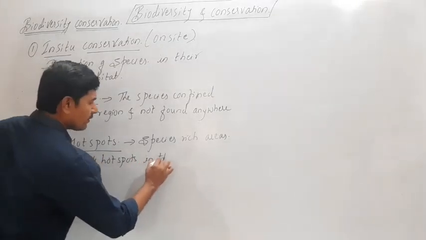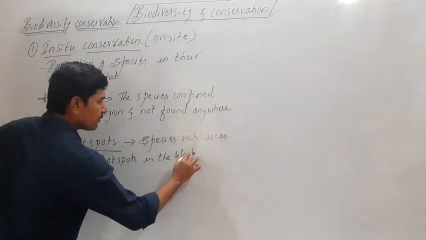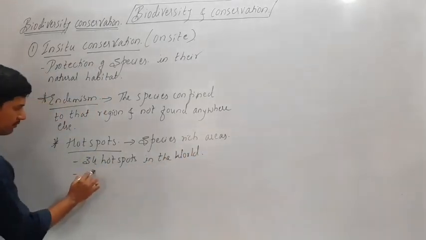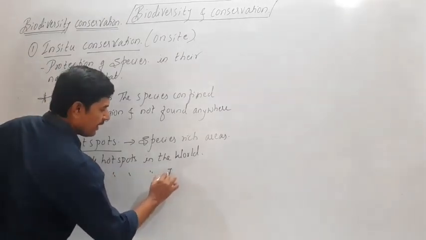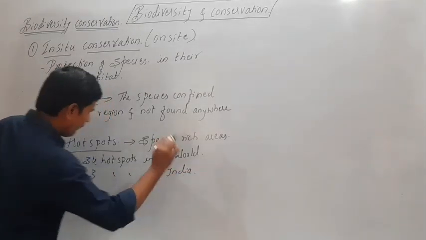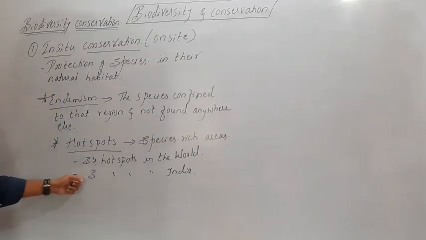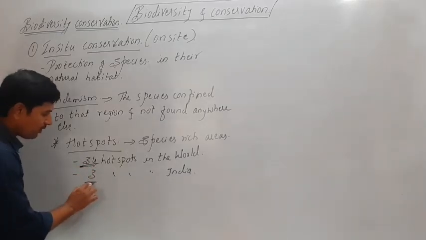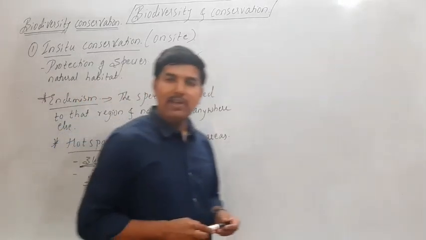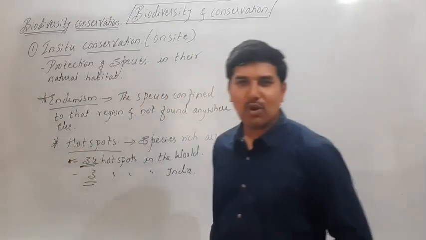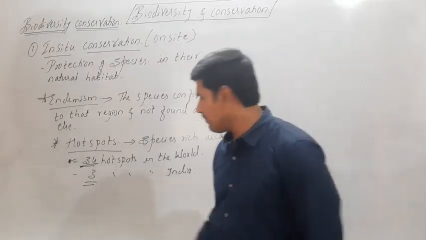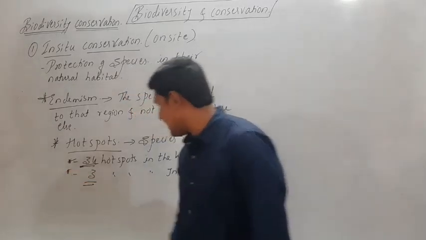That means India has only 3 hotspots, while the entire world consists of 34 hotspots. So how many hotspots are there in the world? Again, it is an objective question. 34 hotspots in the world. How many in India? There are 3 hotspots in India.